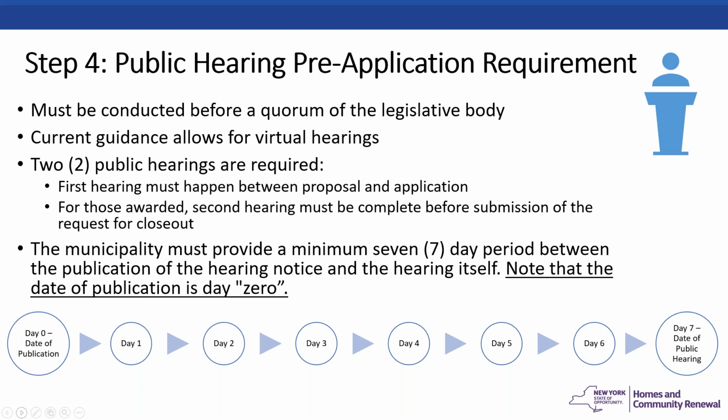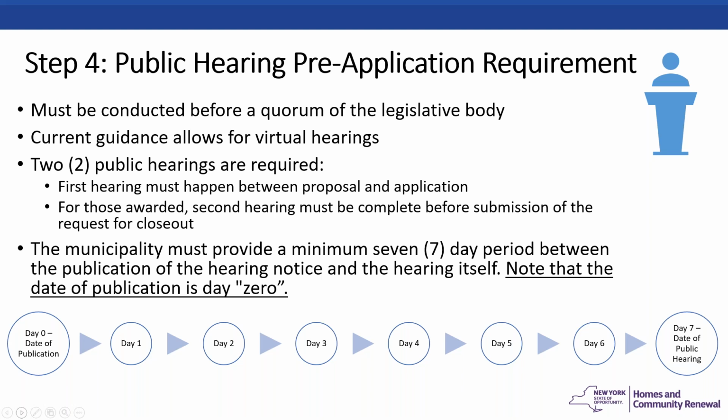And that's in compliance both with federal requirements and New York State citizen participation requirements. And all of that must be done prior to submitting that full application for funding. Public hearing template, as well as a one-page explanatory document, is available right on our website. Virtual hearings are permitted. HUD has made that exception during the pandemic.